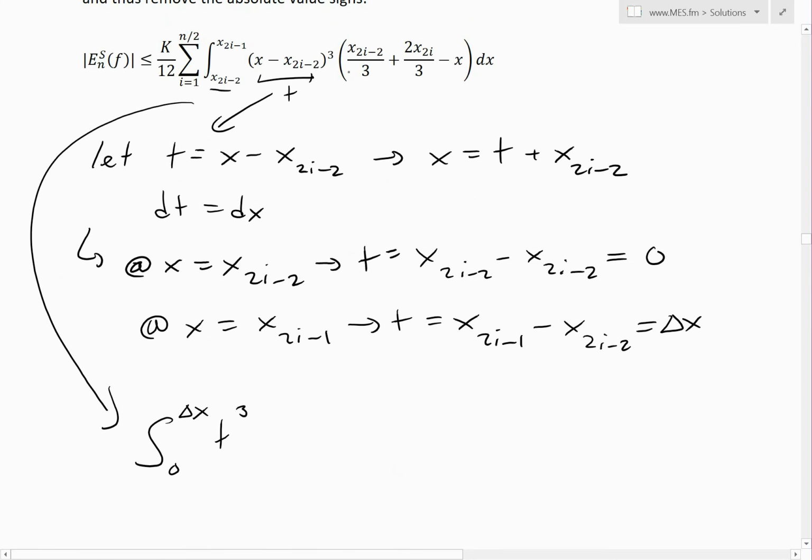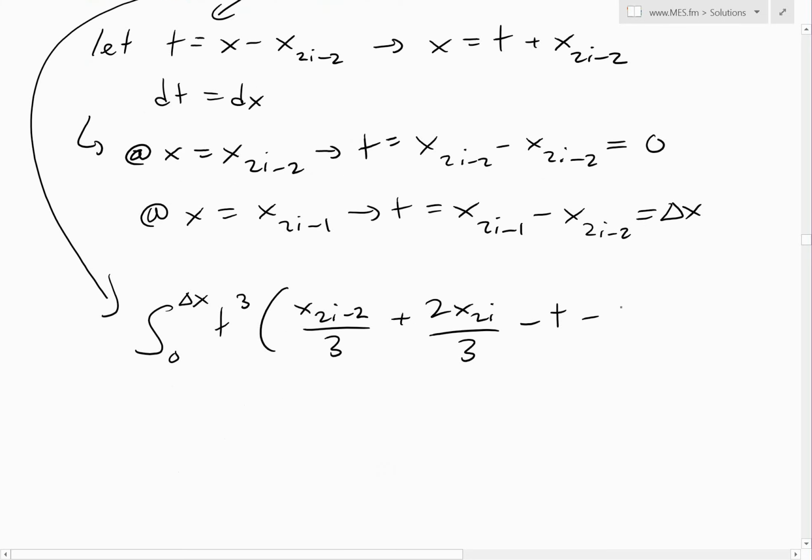And now what we have is x2i minus 2 over 3 plus 2x2i over 3 minus, now the x is going to be minus t, and then minus x2i minus 2, and then use a common denominator. So do that 3 over 3 dx, or dt actually.